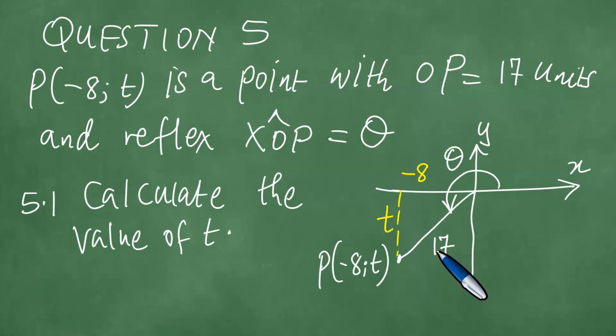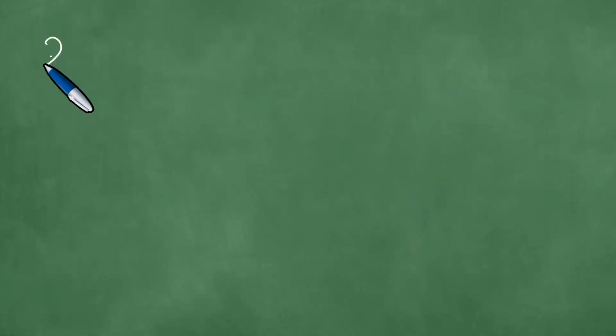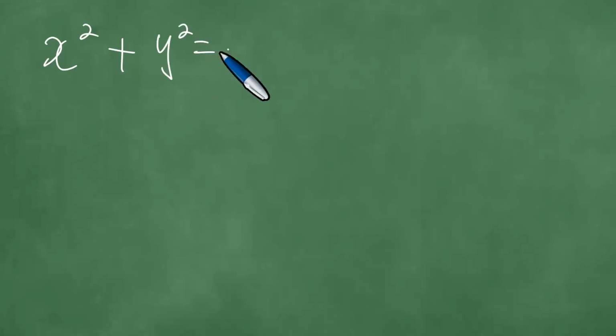And to use Pythagoras theorem to find the value of t, we use x squared plus y squared, which is actually equal to r squared.